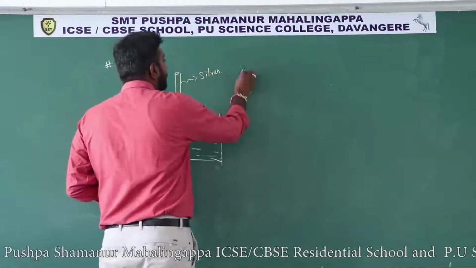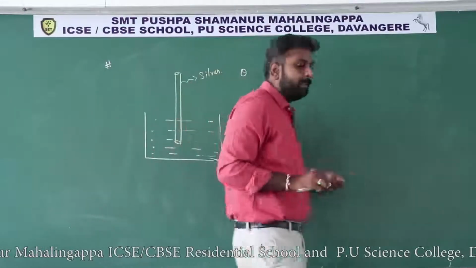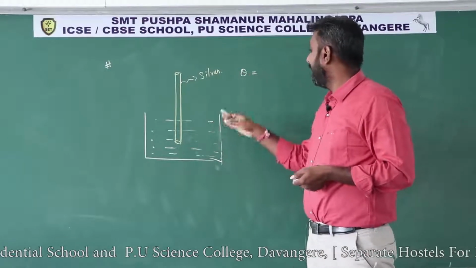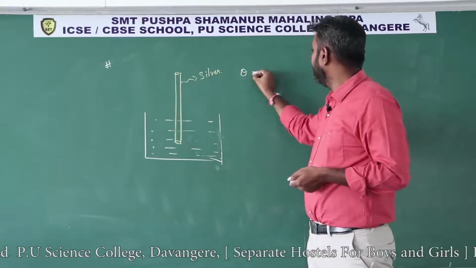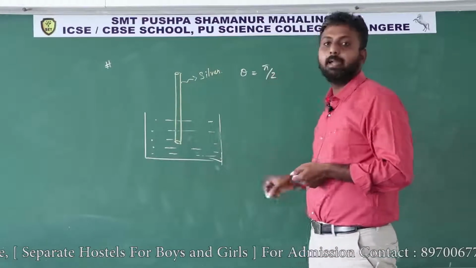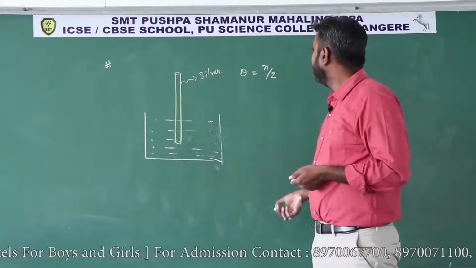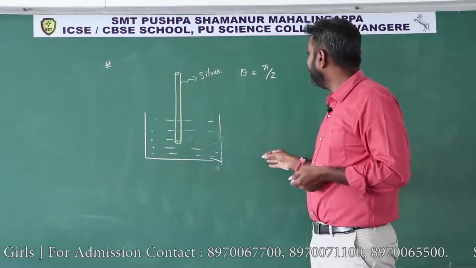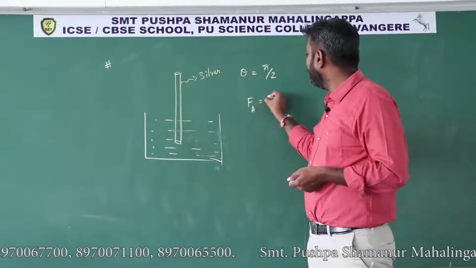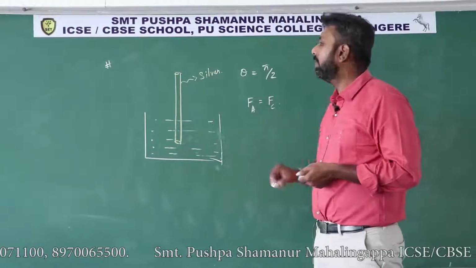Here the angle of contact for silver and this liquid, theta, equals pi by 2, that is 90 degrees. If theta equals pi by 2, you have to consider that the force of adhesion equals the force of cohesion.